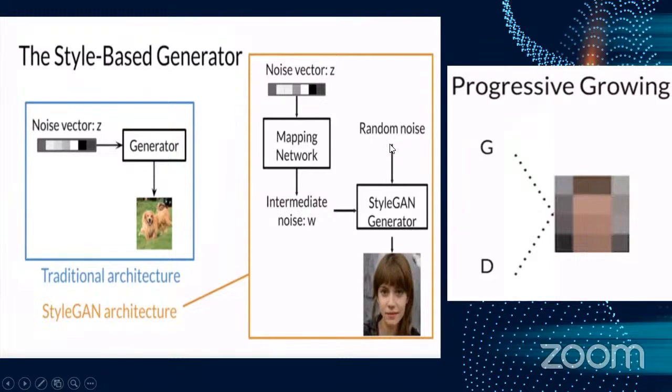It also uses a random noise and gives an output. Then the generator passes this output to the discriminator for evaluation using progressive growing. Progressive growing basically aims to provide the generator high resolution images by starting from lower resolution images.